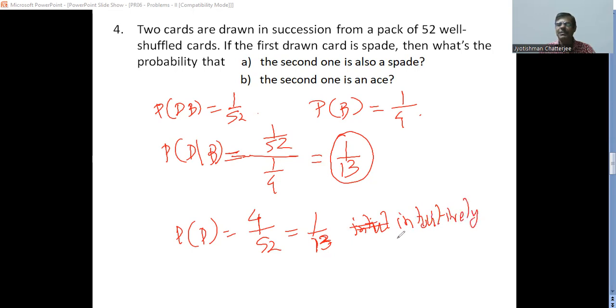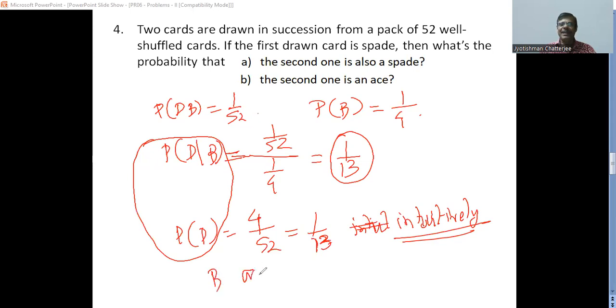Excuse my extremely bad handwriting here. So once you find this thing, you can combine these two things together and see probability of D given B is same as probability of D. In other words, D is independent of B. So B and D are independent.